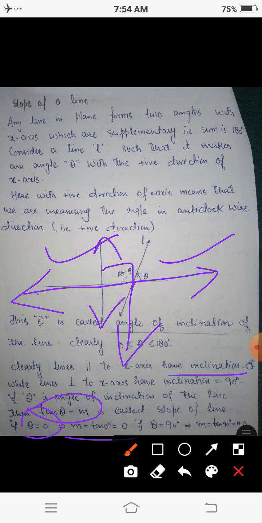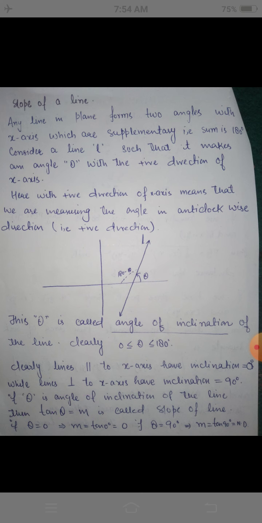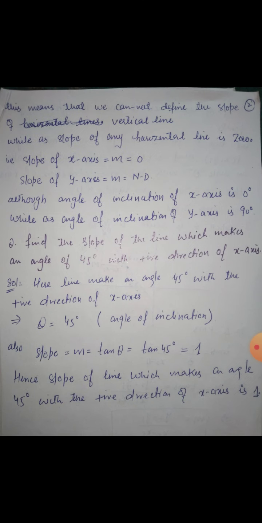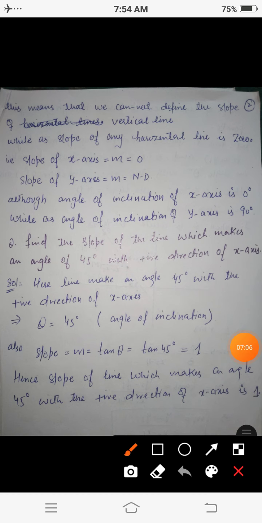For vertical lines, the angle of inclination theta is 90 degrees, so the slope would be m equals tan 90 degrees. Tan 90 is not defined, so we cannot define the slope for vertical lines. Clearly, the slope of vertical lines is not defined, while the slope of a horizontal line or the x-axis is 0.